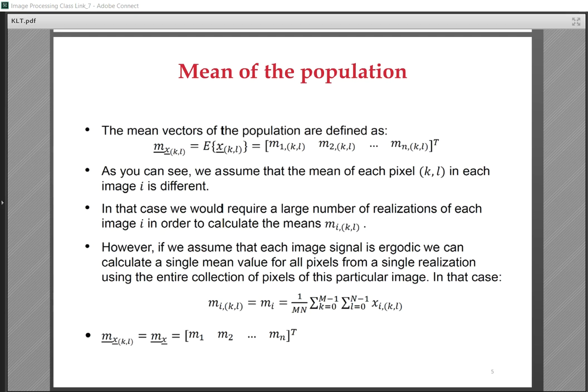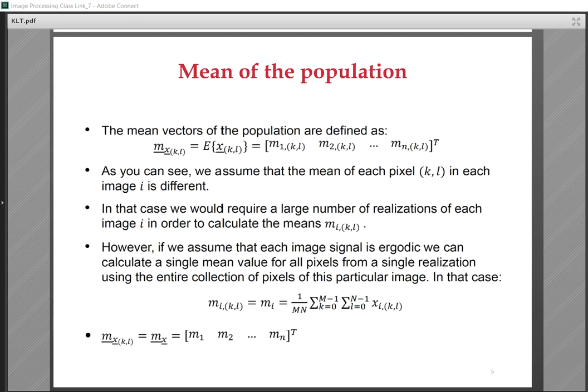Okay, MX, X is the total of the population. MX is equal to M1, M2 up to MN transpose. That means if our process or our random variable is an ergodic one, the total M is equal to M1, equal to M2, equal to Mn.